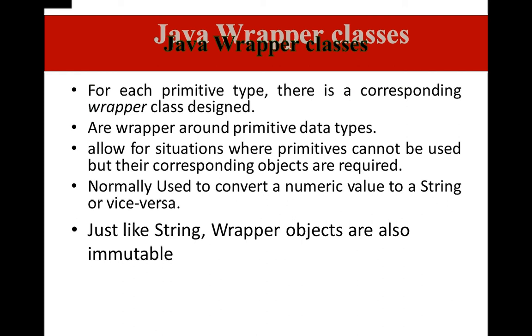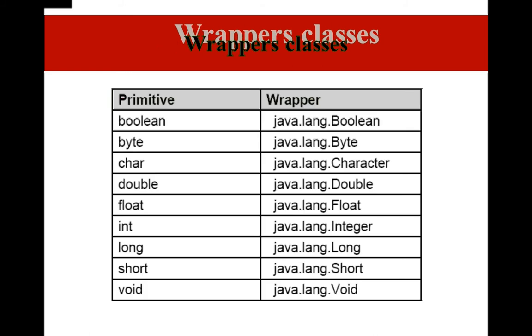That's why we call it an immutable object. The wrapper classes are Boolean, Byte, Character, Double, Float, Integer, Long, Short, Void. These are the classes available corresponding to the primitive data types. Let's look at how we use these wrapper classes and primitive data types together.